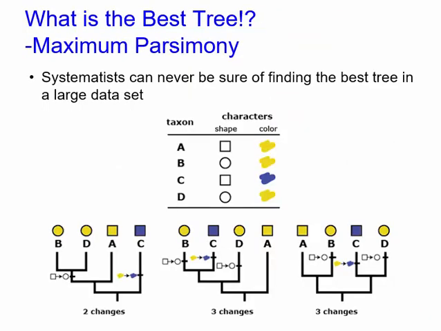Another really important thing when we're building these trees is deciding what the best tree is. Because potentially, especially if you have a lot of different organisms, there might be many different ways you can put that together. How do we determine what's the best tree? There are many approaches to this, but one approach that we'll talk about here is called maximum parsimony.